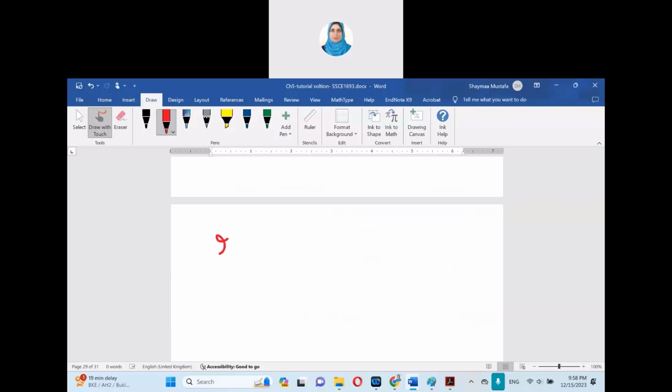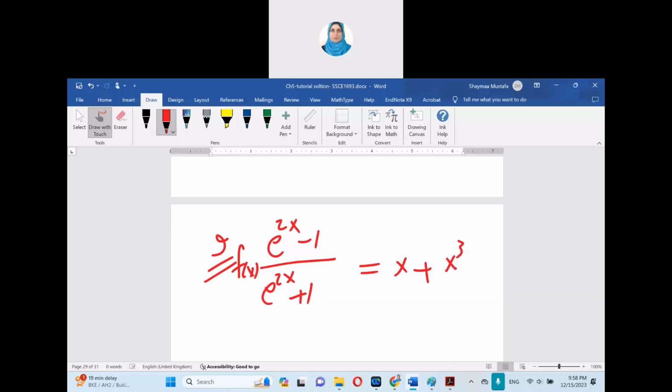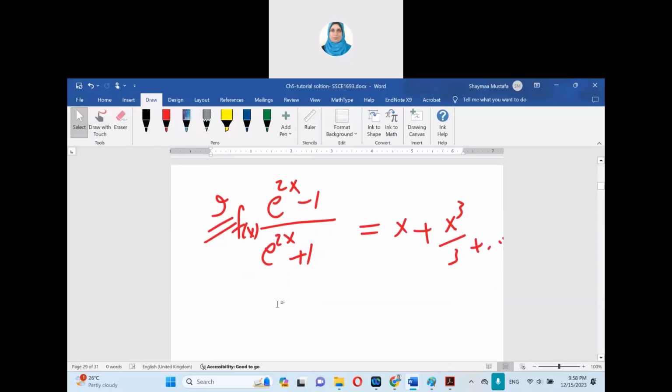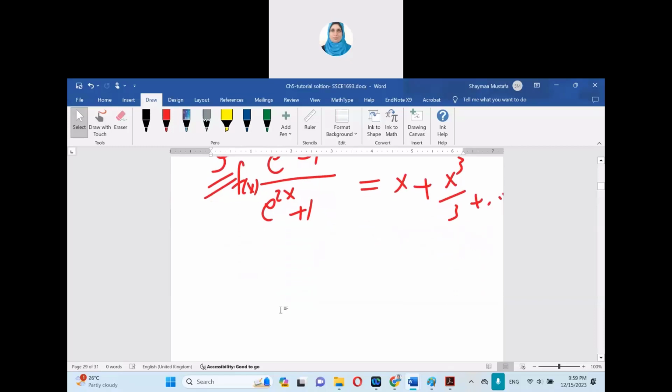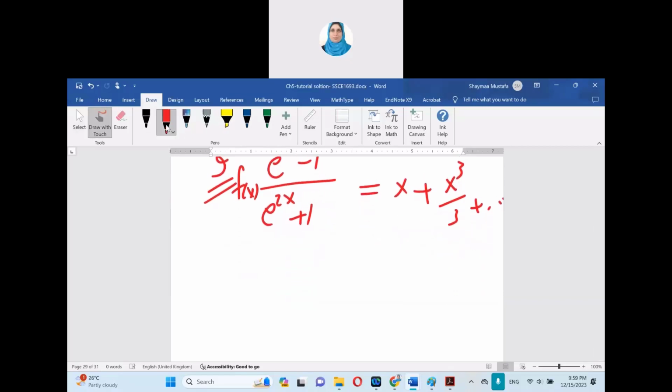For question 9, either you find the Maclaurin series for (e^x minus 1) over (2x plus 1). Find the Maclaurin series for this function. This is one solution. It should be equal to x plus x cubed over 3 and so on. This is one way. Or you can prove another solution for the question.